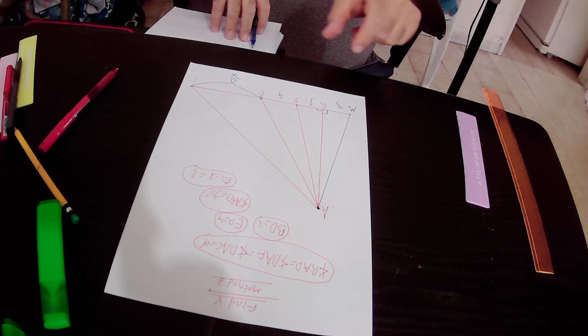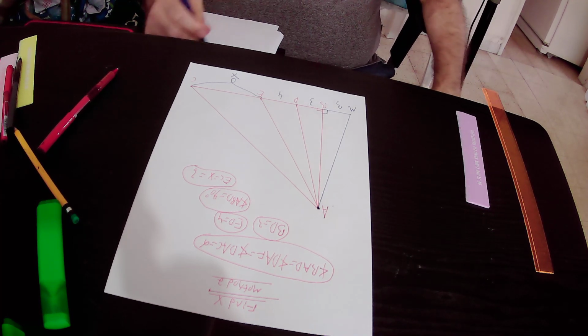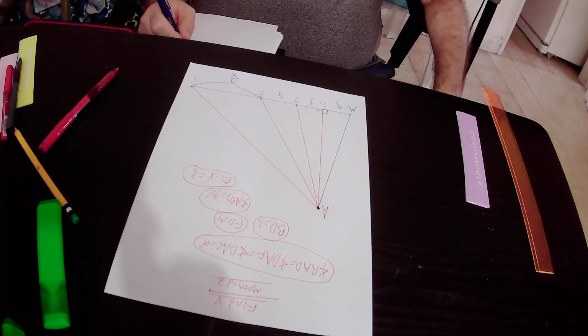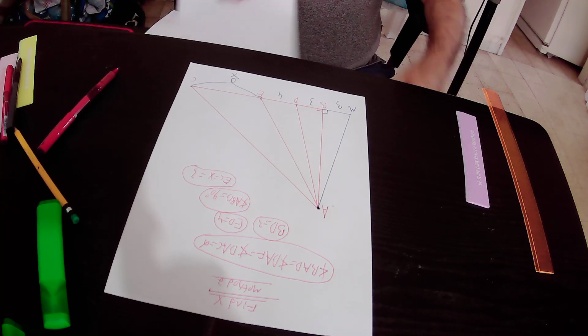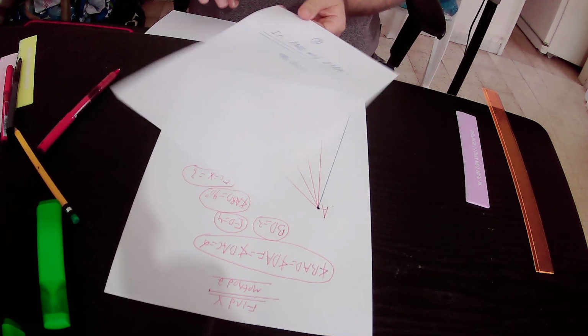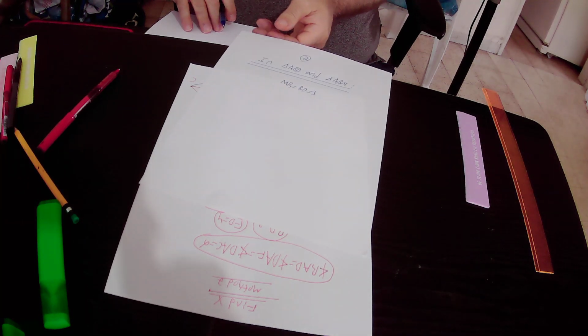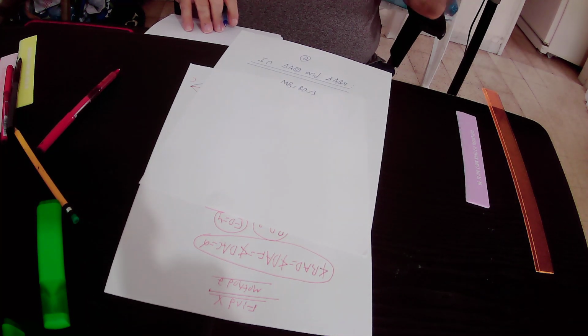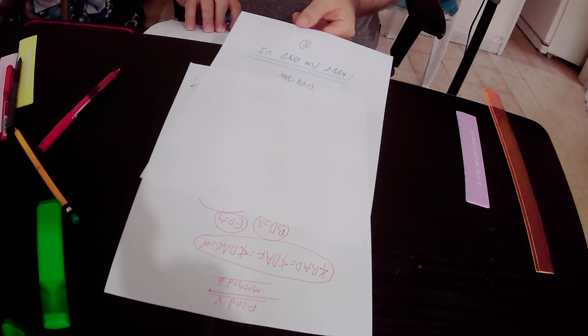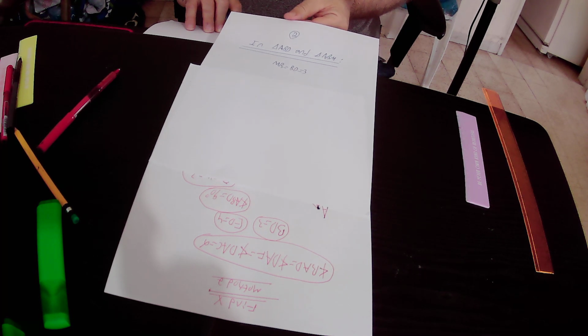So we know that MB equals BD equals 3 units. According to our construction, we extended BD by 3 units. Therefore, MB equals 3 units.